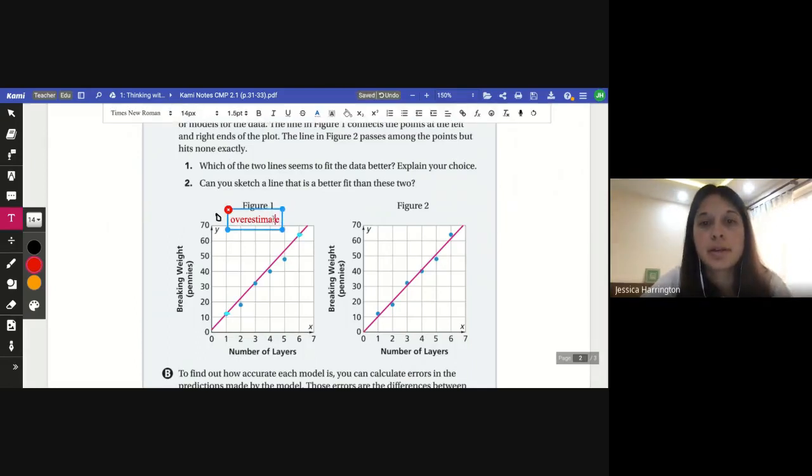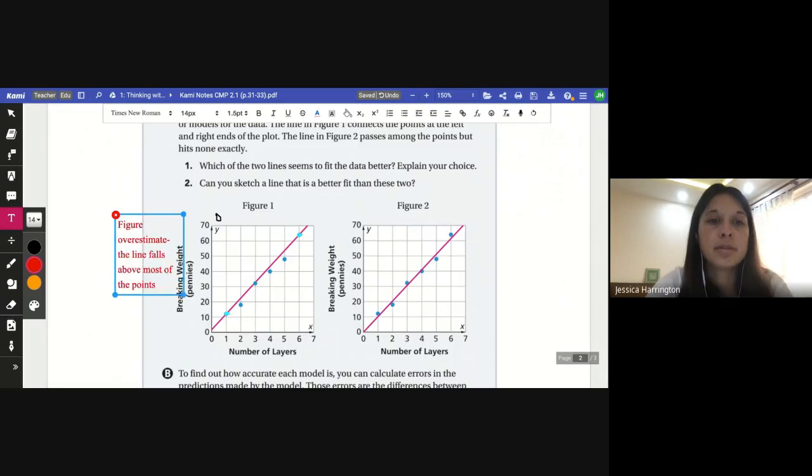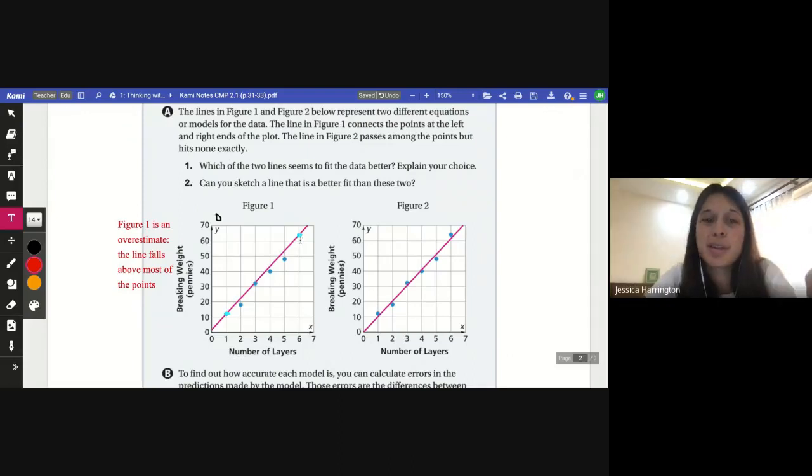The line falls above most of the points. Let's make that fit over here, right? Put that on the side. Okay, so you can use it to estimate, but you know you're going to be overestimating each time.